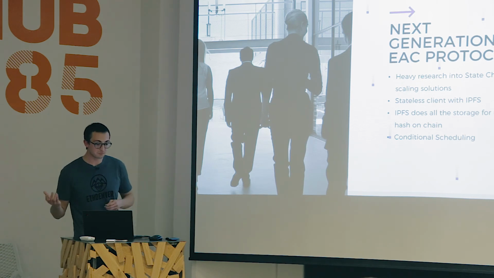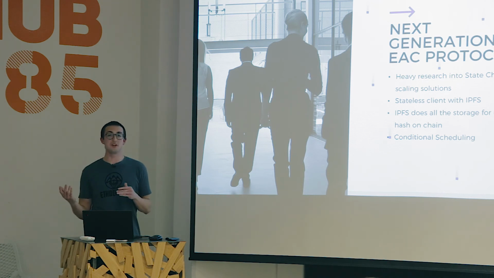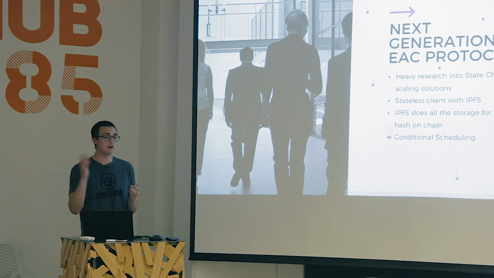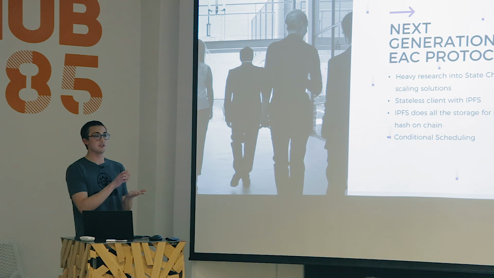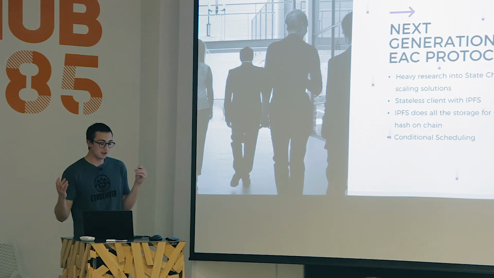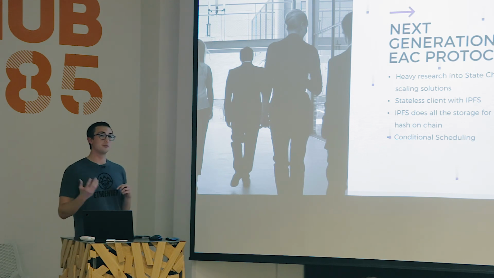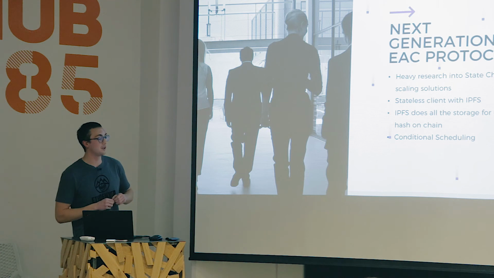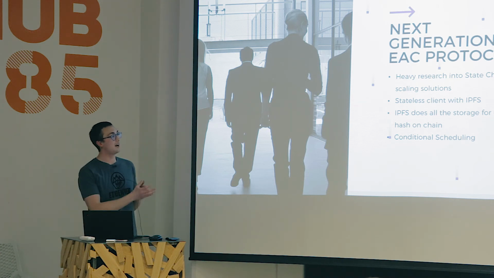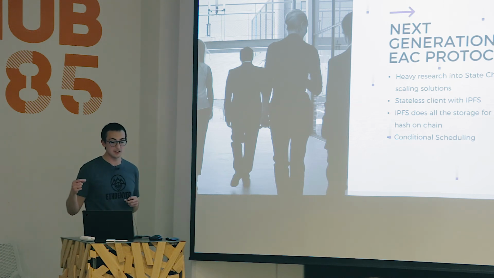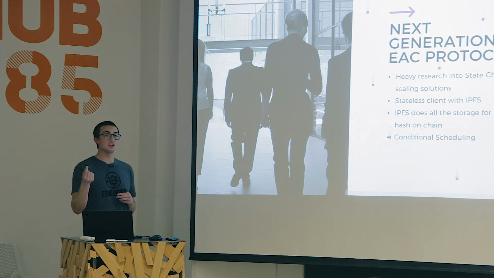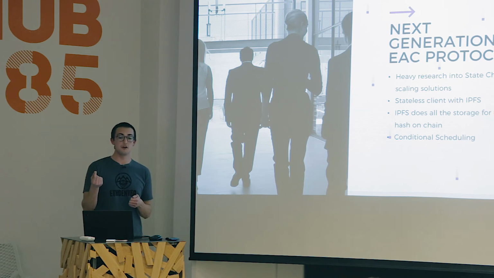It costs us 1 million gas because we're storing all of the parameters in this smart contract. So what we're looking at doing now, and we're pretty sure this will work fine, is we're going to store everything in IPFS and just store the hash in the contract.